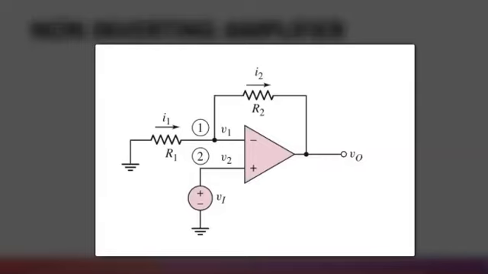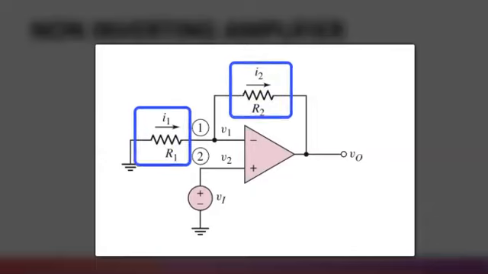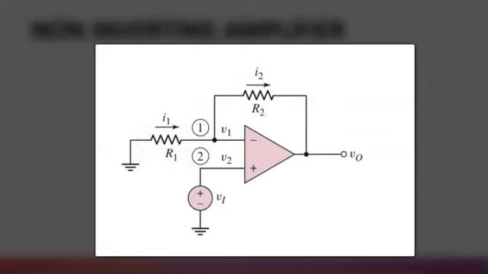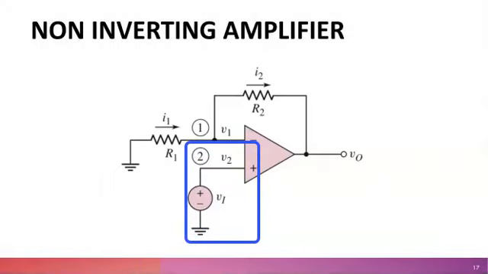Like the inverting amplifier op-amp circuit, it only requires the addition of two electronic components, which are two resistors, to provide the required feedback. The non-inverting amplifier has the characteristic that the input and output are in the same phase. This is a result of the signal being applied to the non-inverting input of the op-amp.